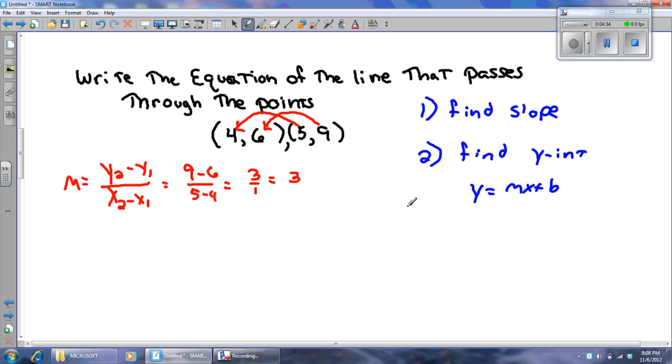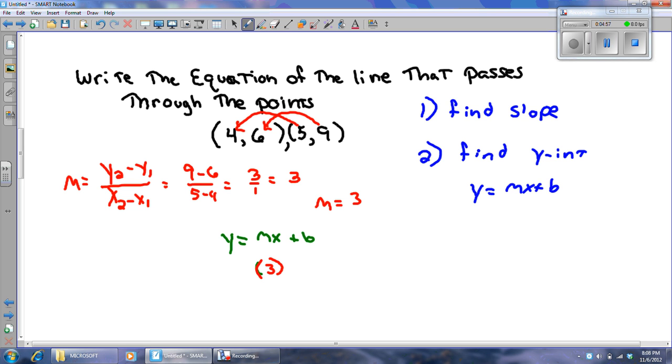I've got my slope. So m equals 3. If I could find the y-intercept, I could write my equation. Well, check this out. I've got this equation, y equals mx plus b. I already know that m is 3.